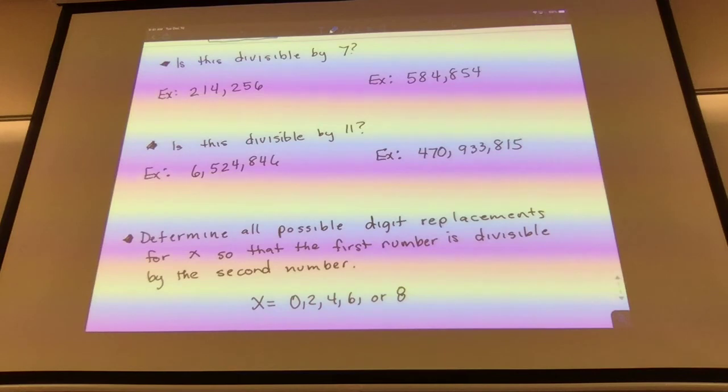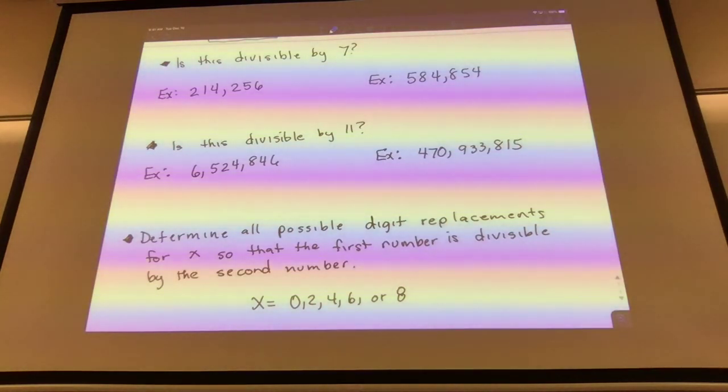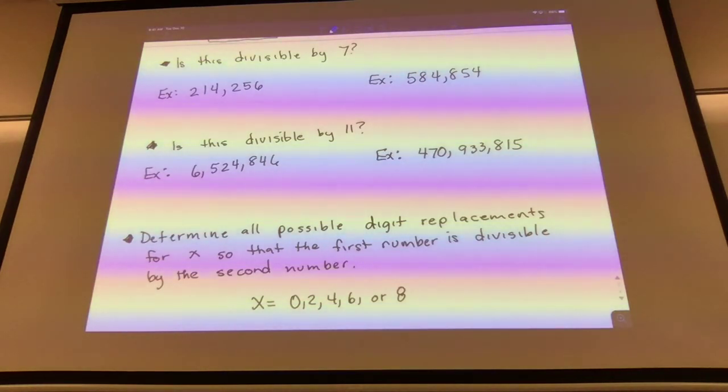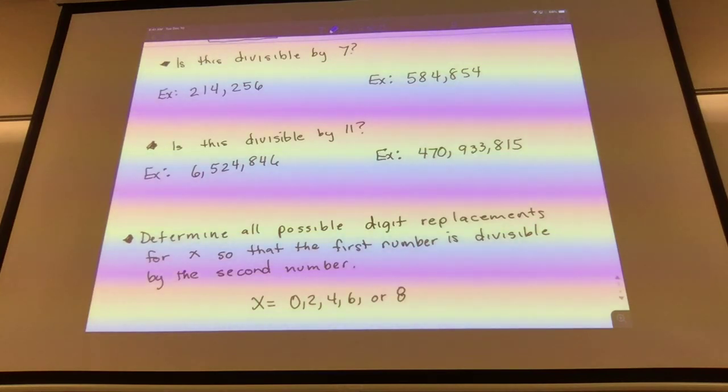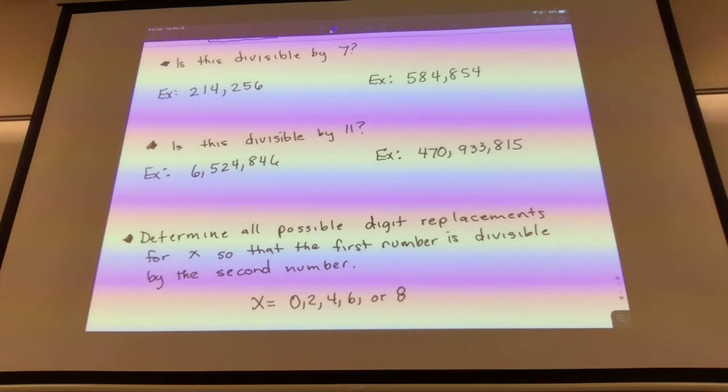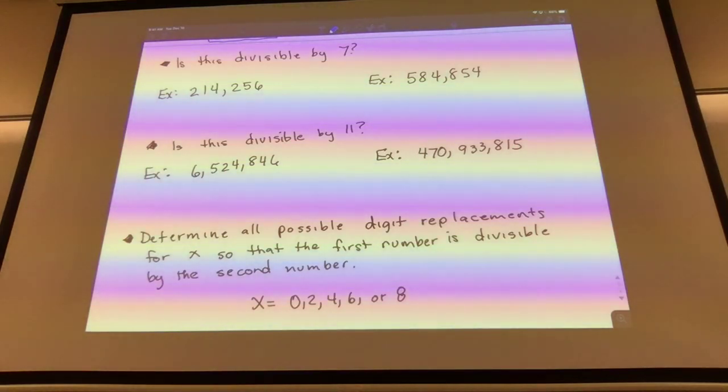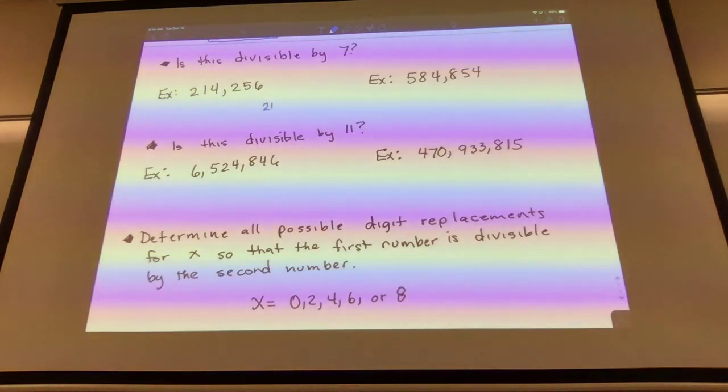So nothing tricky there. You're just going to have to go out to the side and divide those. So do those 2 on your own. See if you could work those.